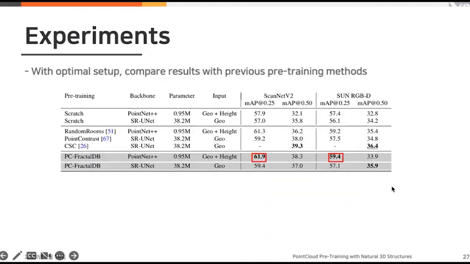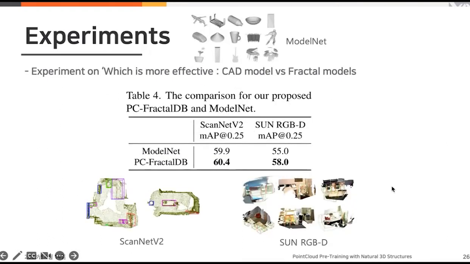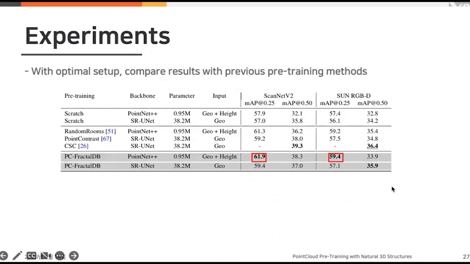Okay. So to move on, next, after they obtained optimal parameters for the PC-Fractal database, for example variance threshold selection and the number of instances, categories, and scenes and objects, they found the best parameters for this.